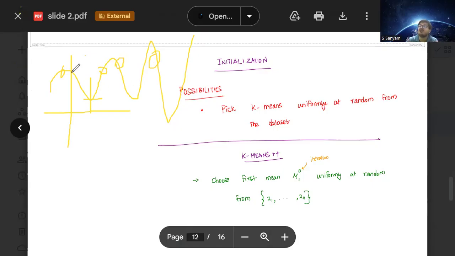If it is here, it will be a little bit good, but it will not be the best assignment. So for k-means we have to do random assignments and check every random assignment and give the least objective function. It is a tedious task. The problem is in the random assignment.